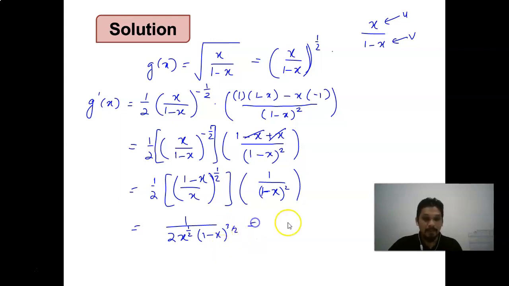It also comes out as 1 divided by 2 square root of x, and then (1 minus x) cubed.